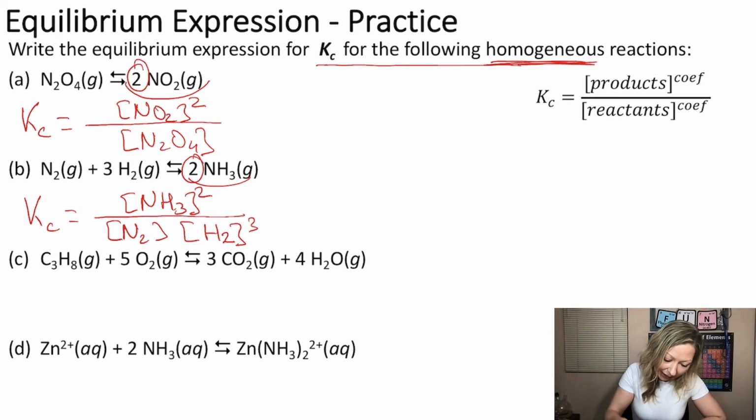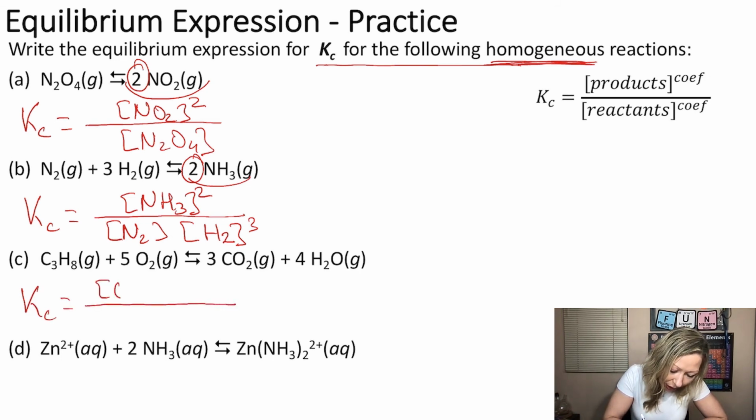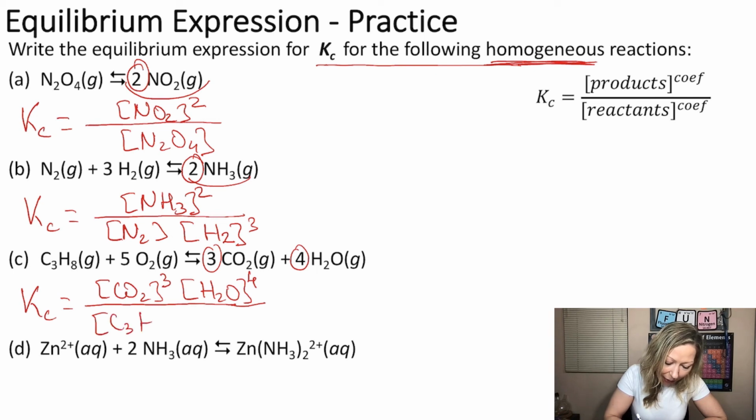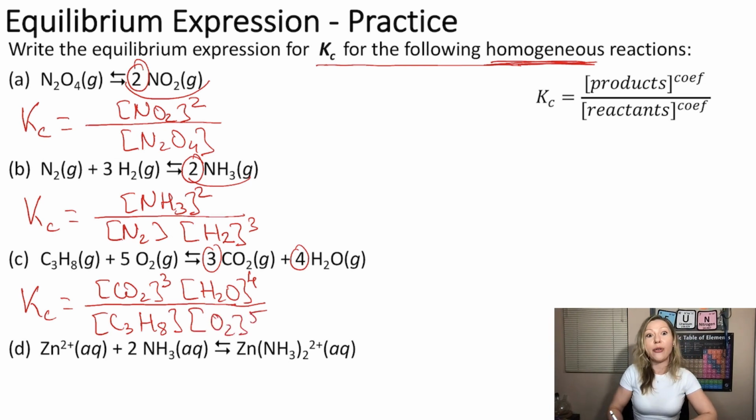Let's take a look at the next example. So K sub C equals the concentration of CO2 to the exponent of 3 multiplied by the concentration of H2O to the exponent of 4, and that is divided by the concentration of C3H8 to the exponent of 1 multiplied by the concentration of O2 to the exponent of 5.